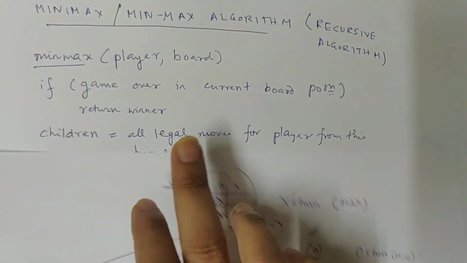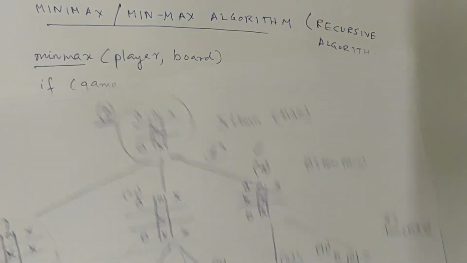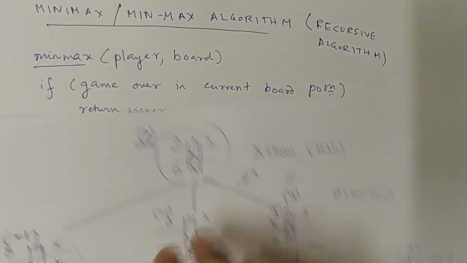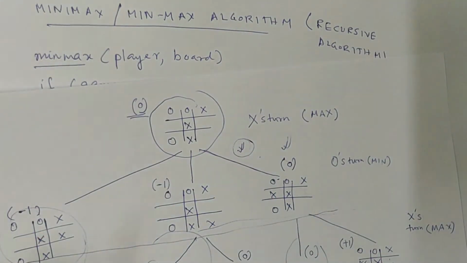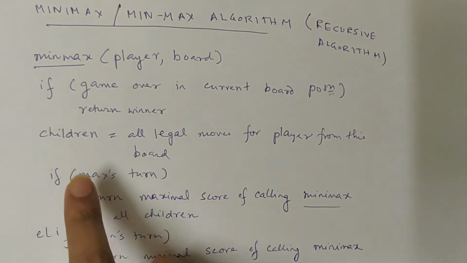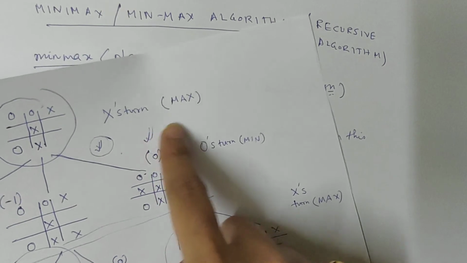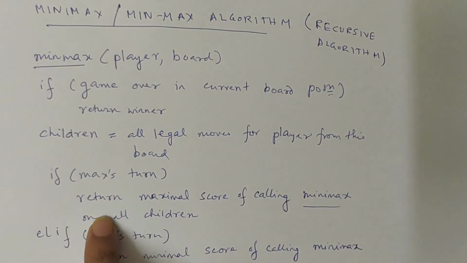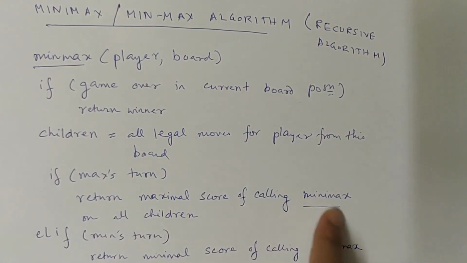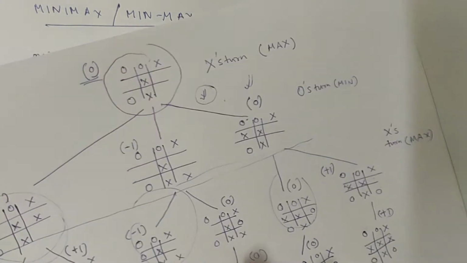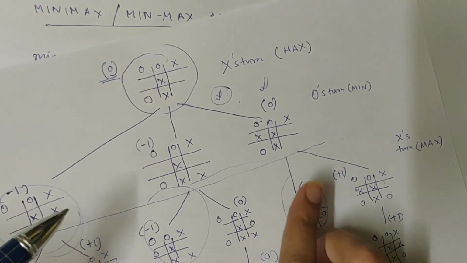Is the game over in the current board position? No. So what do we do? We generate all the children. This is the next state. If it is Max's turn, return the maximal score of calling minimax on all children. So what do we do here?